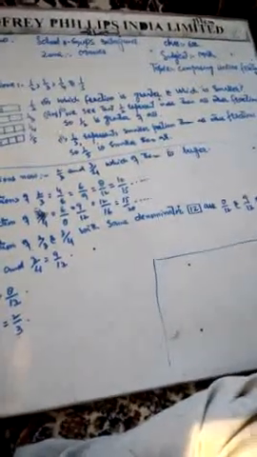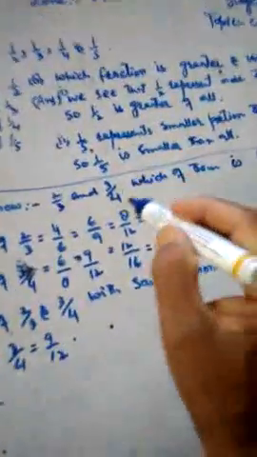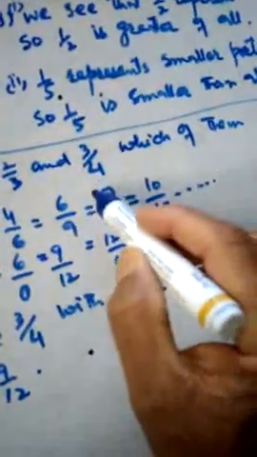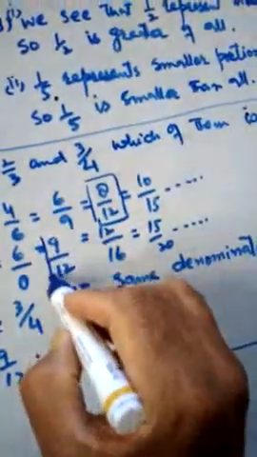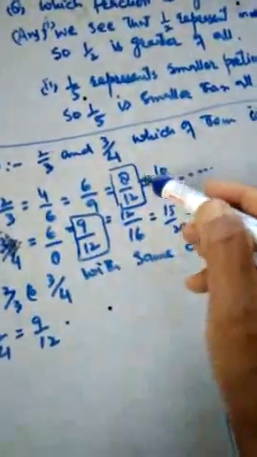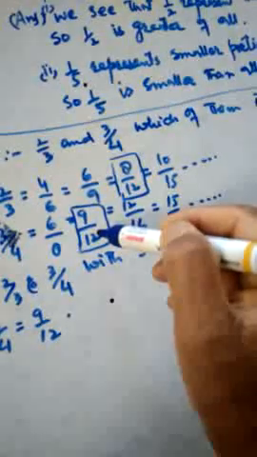Here you will see that both of them have the same denominator 12: 8 by 12 of this and 9 by 12 of this. These are the two equivalent fractions of the two numbers with the same denominator.